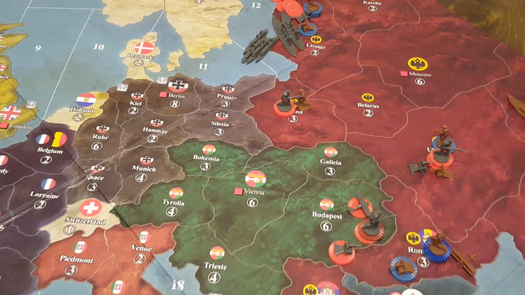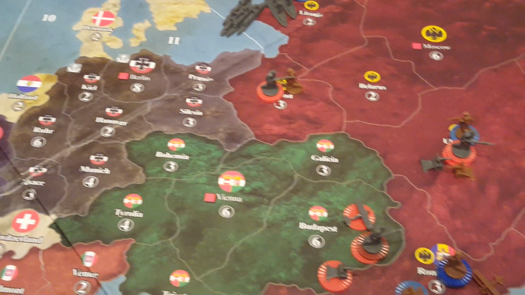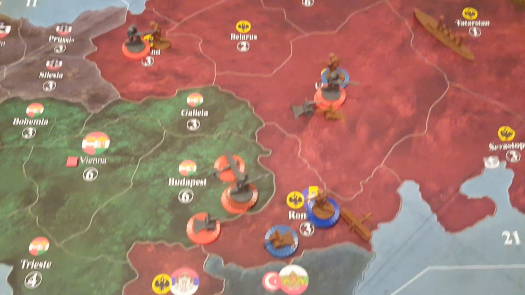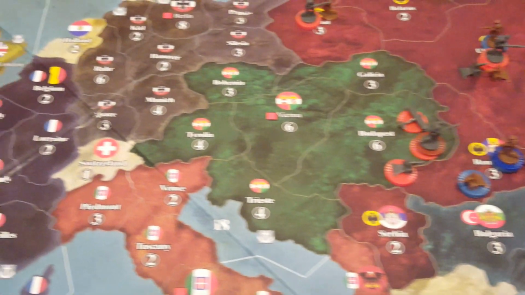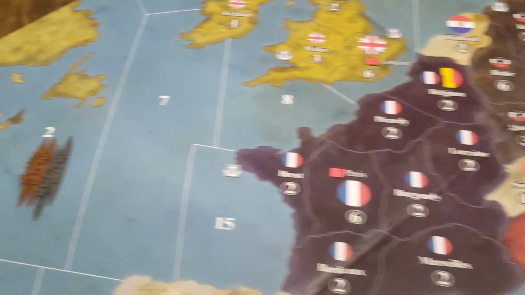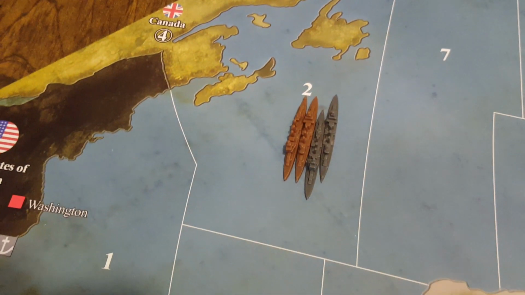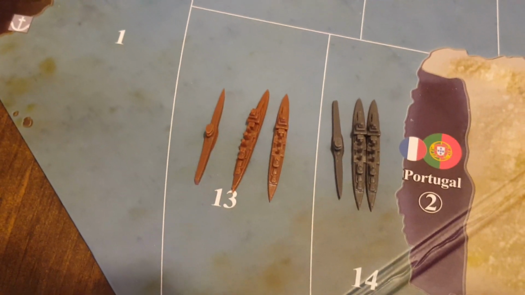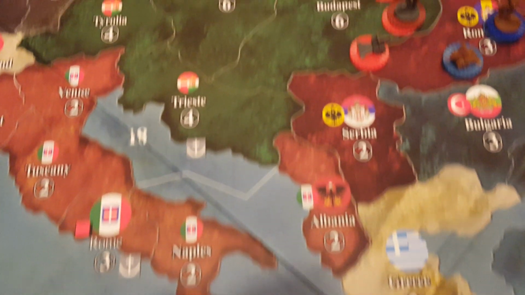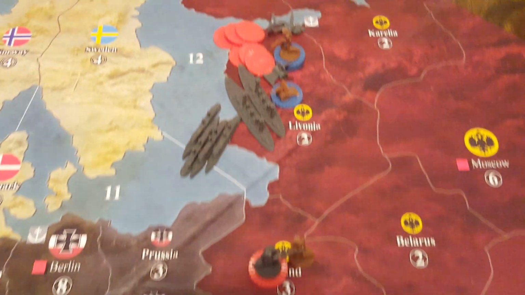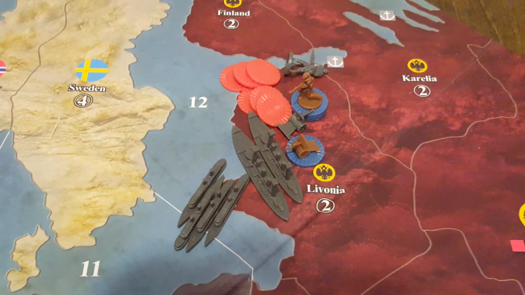We've got our land battle, simple, moderate, complex. We have our naval battles, simple, moderate, more complex, and then we have our amphibious assault over here.